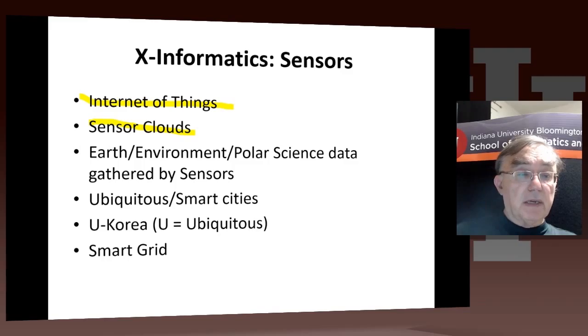We give some examples from earth science, which sort of includes environmental and polar science. A lot of that work is done by sensors, whether tiny sensors or large satellites, and we give some examples there.